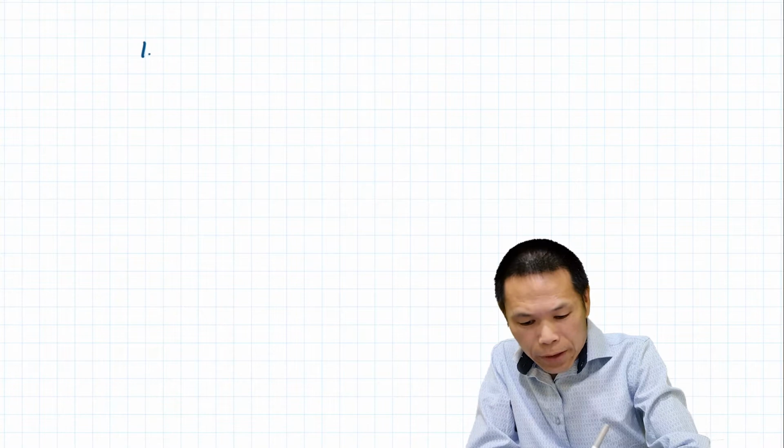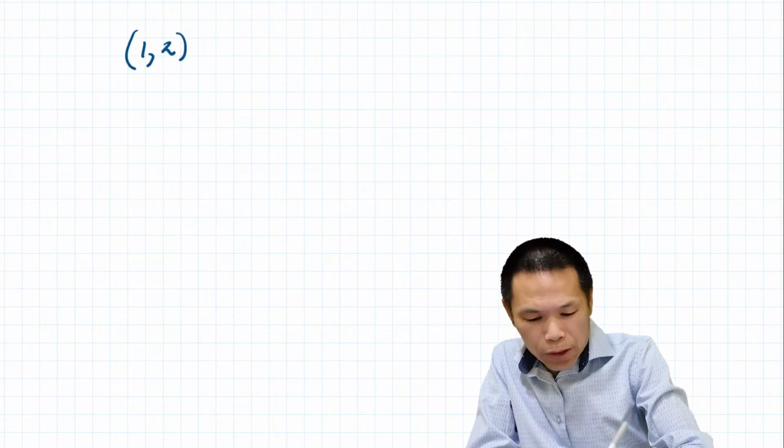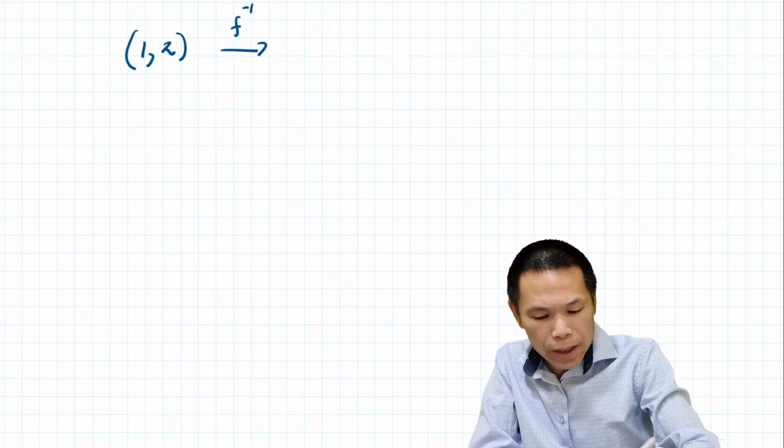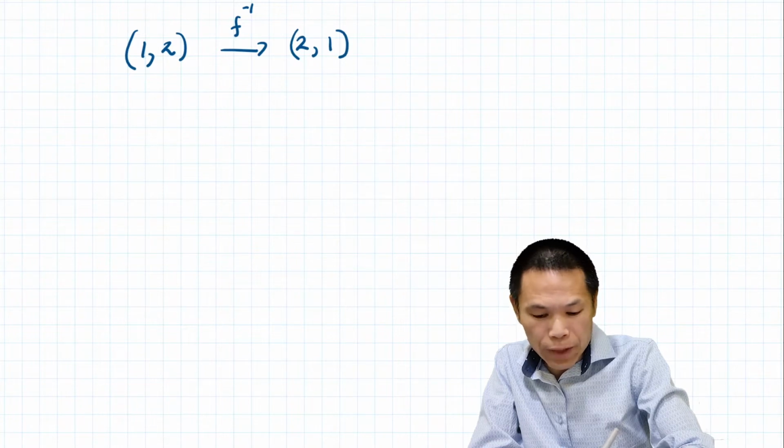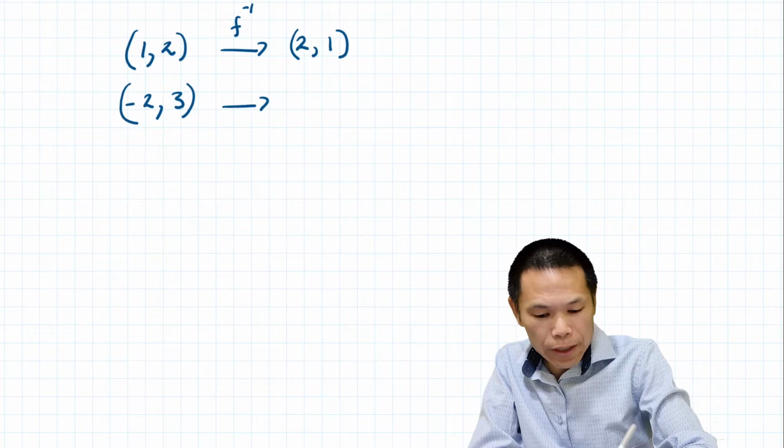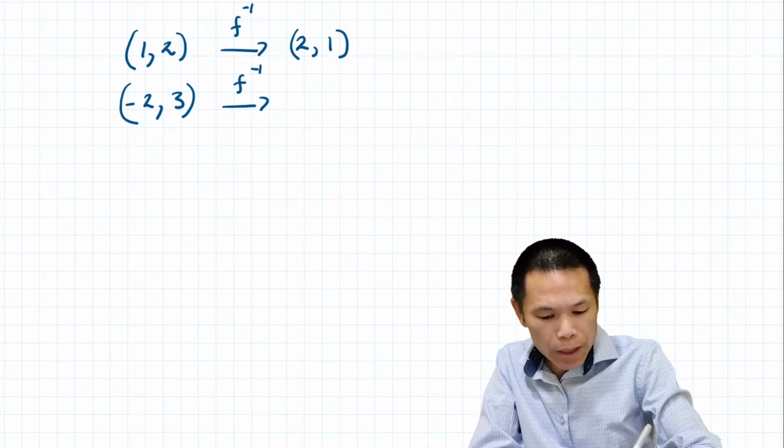Let's say we have the point (1, 2). The inverse of this, F inverse, is (2, 1). If we have (-2, 3), the inverse of this will give me (3, -2).